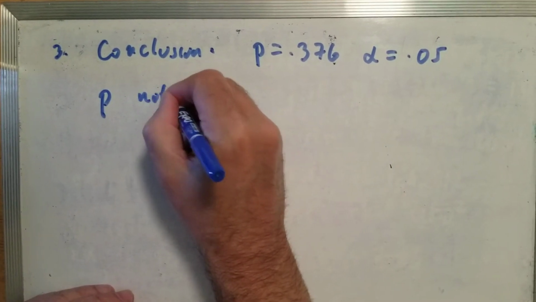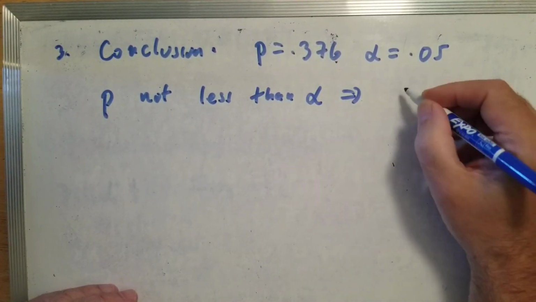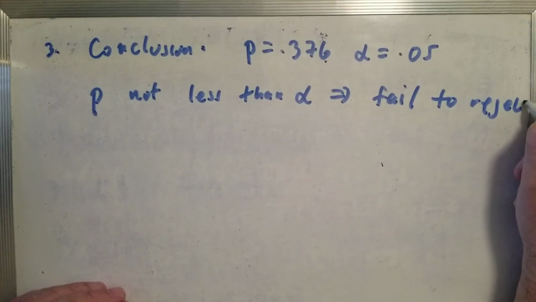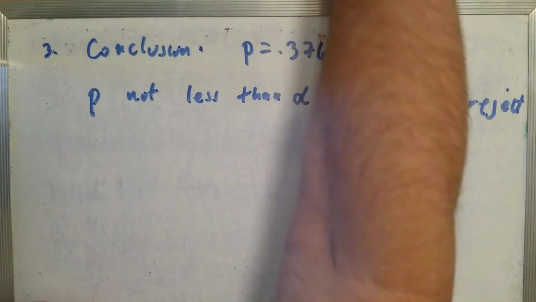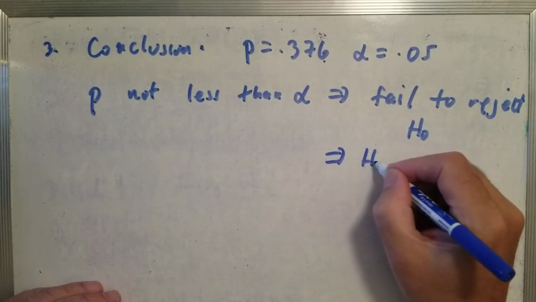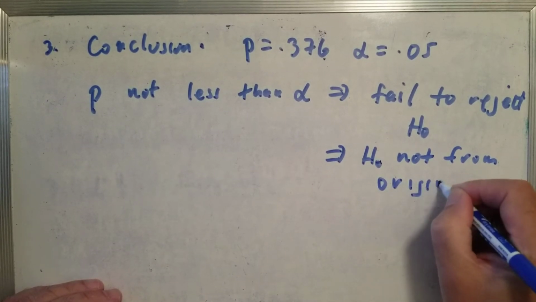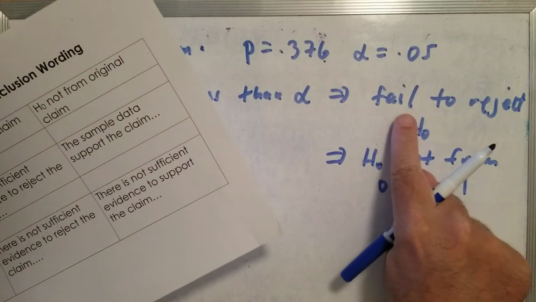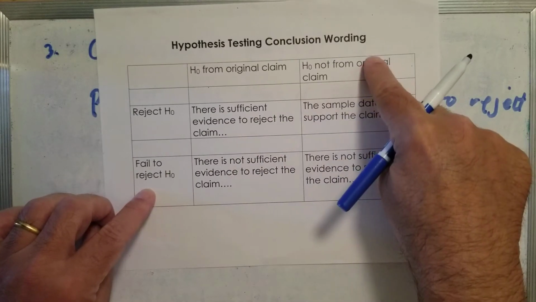P is not less than alpha, which means we fail to reject H null. And going back to the setup, H null was not from the original claim. Fail to reject, H null not from original. And then I'm going to go to my conclusion chart. Look under fail to reject and not from original.